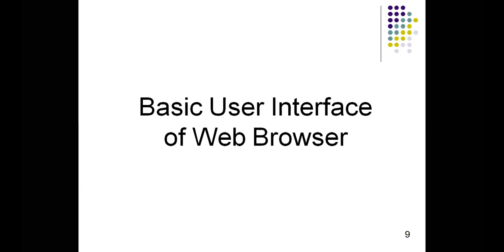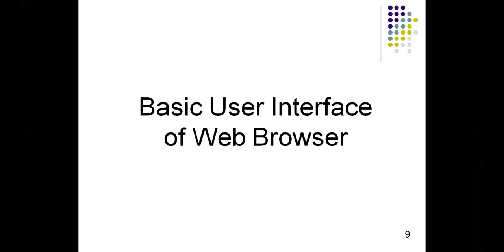Okay, all right, let me help you. We can easily understand that software has no physical existence, isn't it? You will not find any physical existence of a software. Then how can we work with this software?